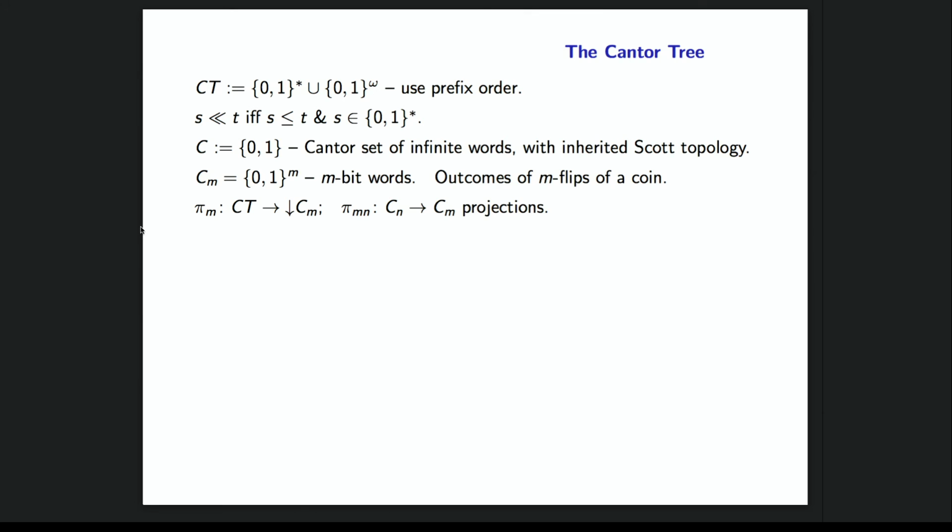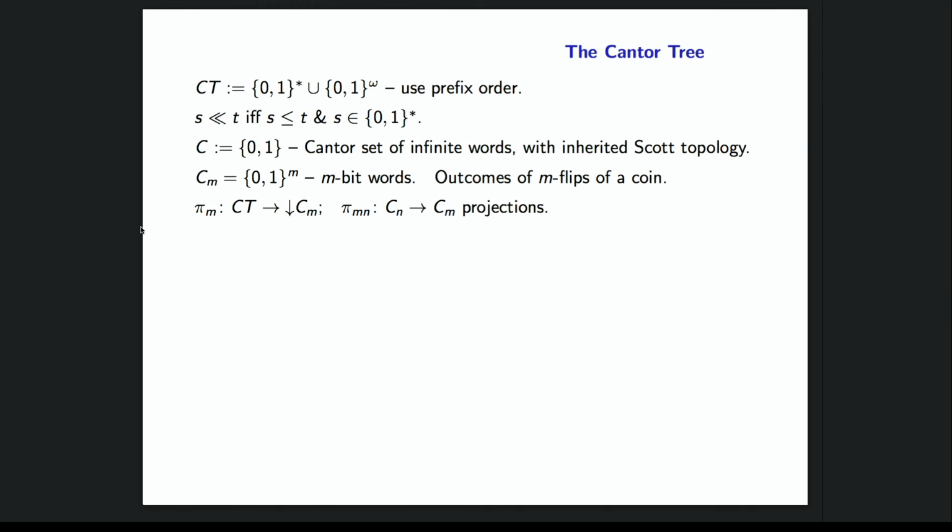An interesting point about this structure is that you can collapse the whole Cantor tree, all the finite and infinite words, onto the set of words of length at most m. This tree structure says if you want to take a word up here and send it down, what do you do? Well, it's a tree, so there's a unique path to the root. So there's a unique point with exactly m bits on it that's below this point, and every point has that property.